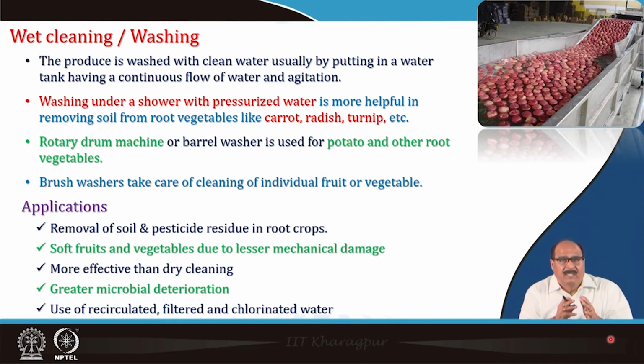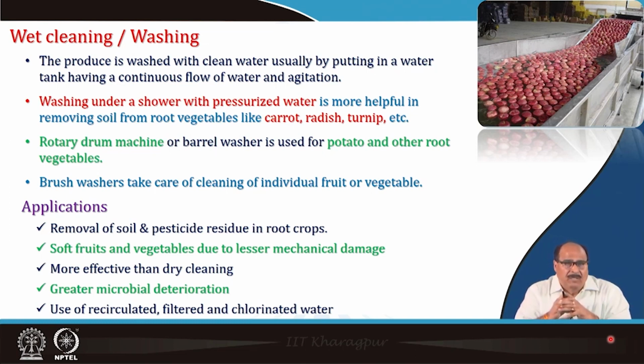Brush washers take care of cleaning individual fruits or vegetables. So, wet cleaning or washing may be done to remove soil and pesticide residues in root crops, and to have soft fruits and vegetables with lesser mechanical damage.